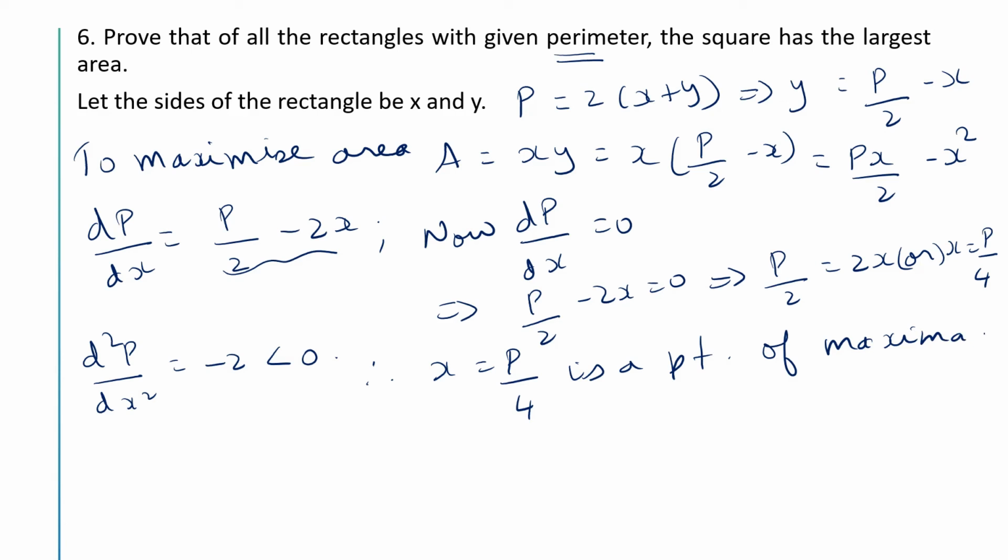So from here we can find y. Y is equal to p by 2 minus p by 4. So it is again equal to p by 4. Therefore, x is equal to y, which means of all the rectangles with given perimeter, square has the largest area.